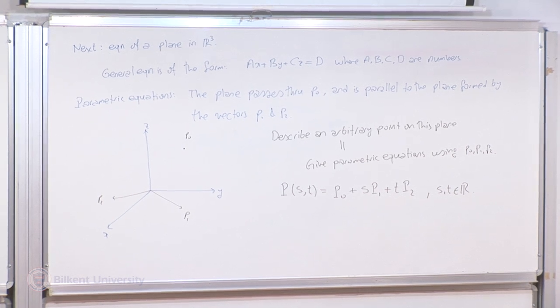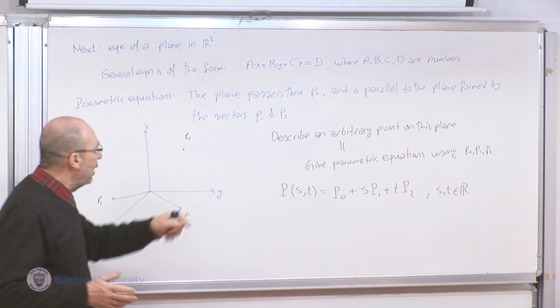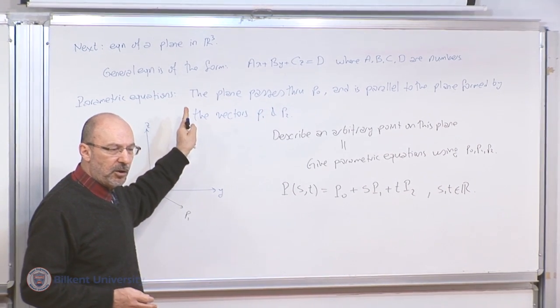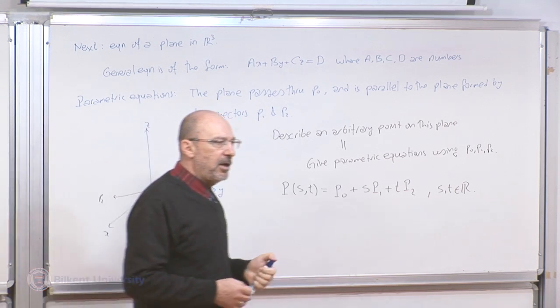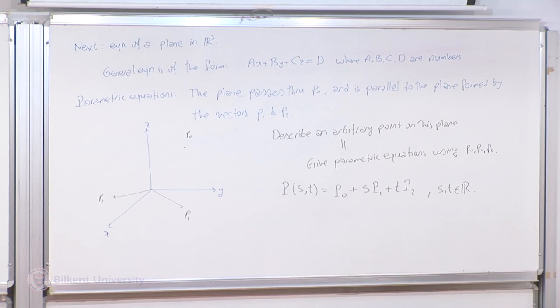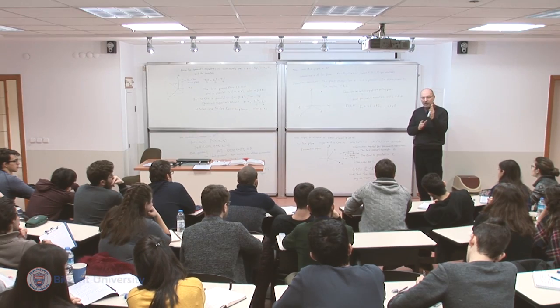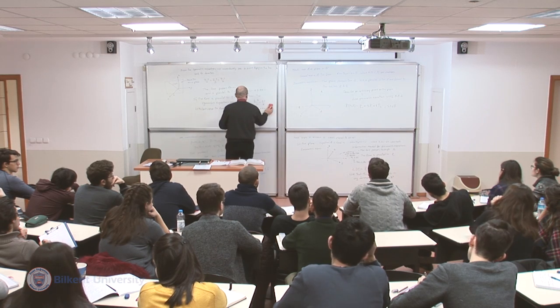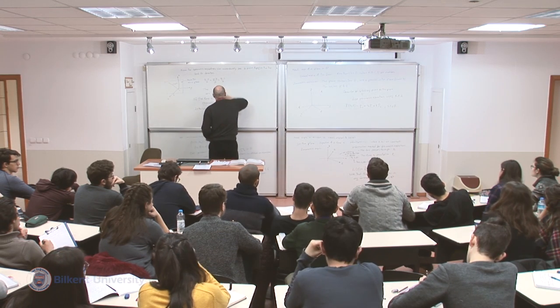That part is easier because any vector in this plane is going to be perpendicular to this line, and we have an algebraically easy way of describing perpendicular lines. We take their dot product, and the dot product will be 0. Any vector in the plane is going to be perpendicular to the direction that I give, so their dot product will be 0. So that gives us an easy expression for the plane.